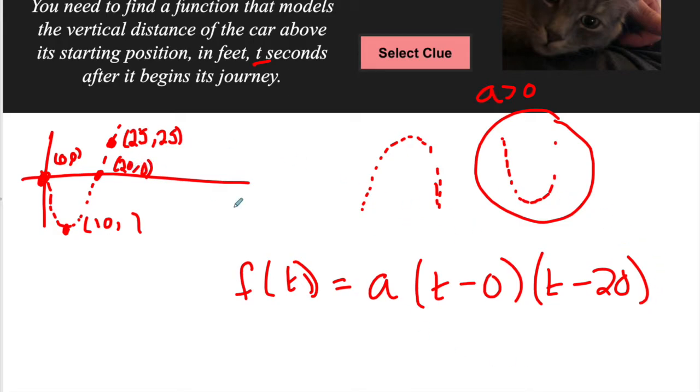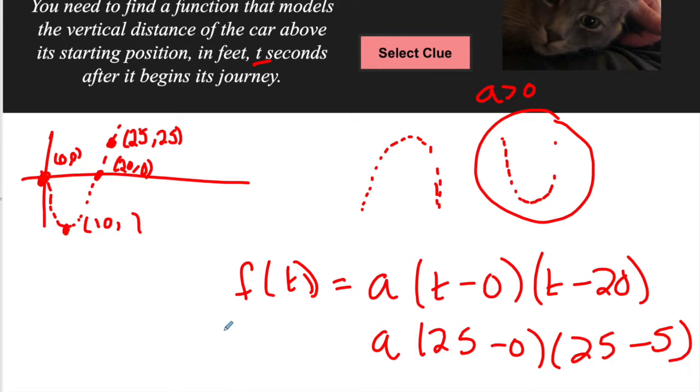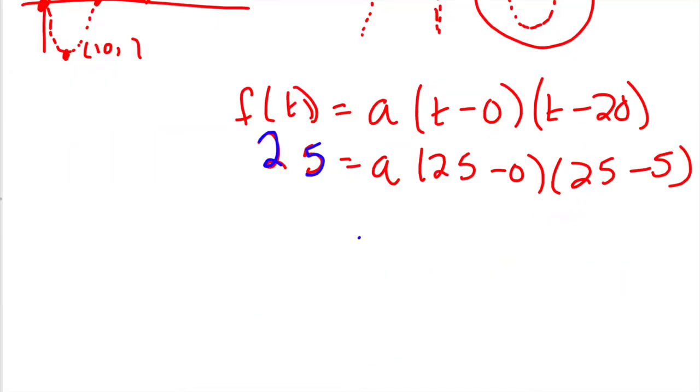If I plug in 20, this becomes 0, so everything is 0. And now what I know is that if I plug in 25, what has to come out? 25. When you plug in 25, out comes 25. Okay, so what does that make A?